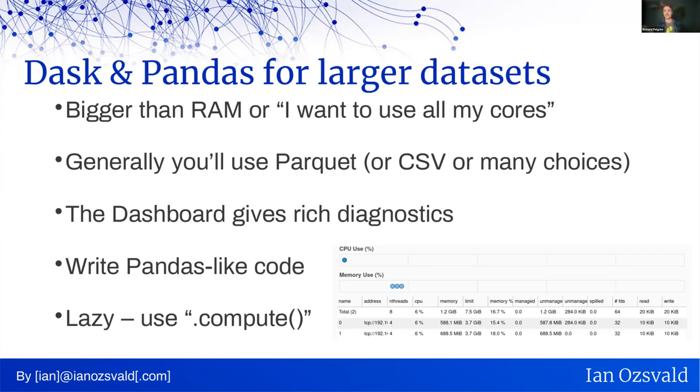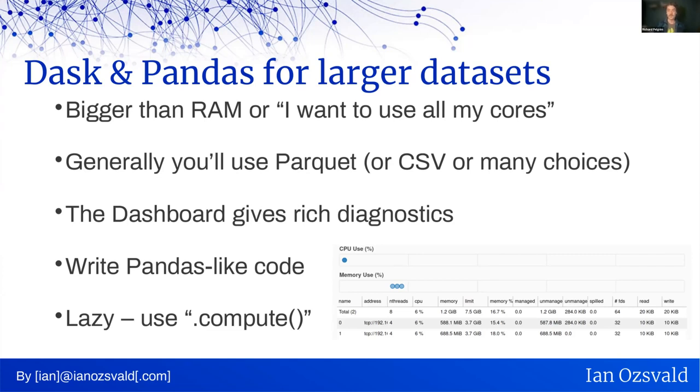Like Ian, I think you said you had a 10 gig data set that wasn't working on your 32 gig machine. So something you might expect to run with Pandas doesn't. It's pretty easy to switch some of that over to Dask because the API is so familiar. And I'll demo a little bit of that in a little bit.